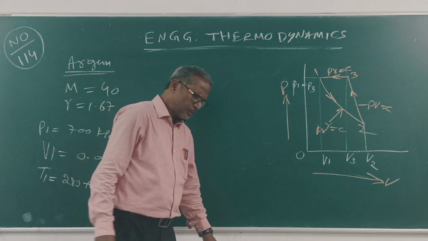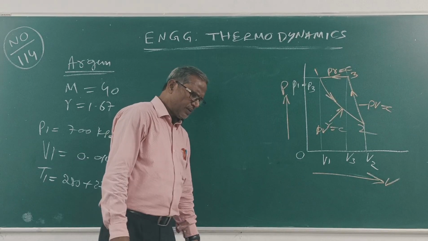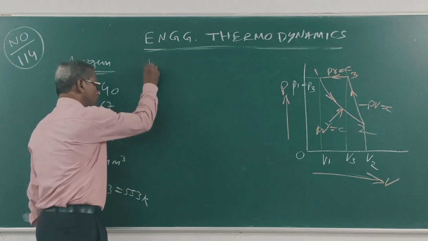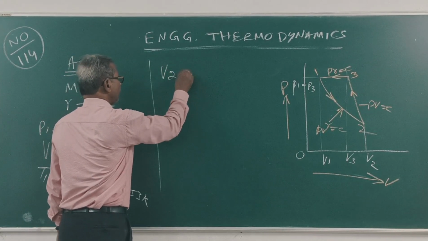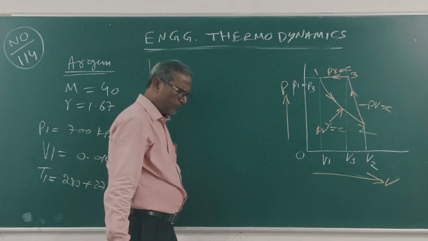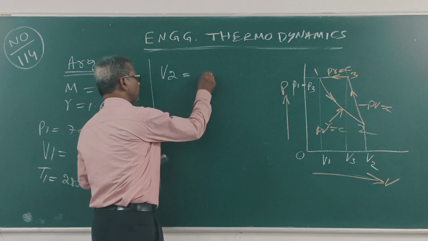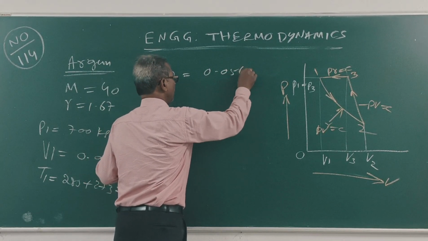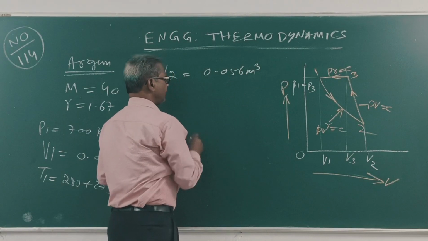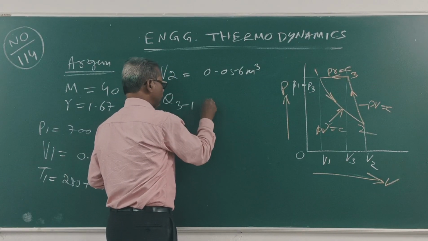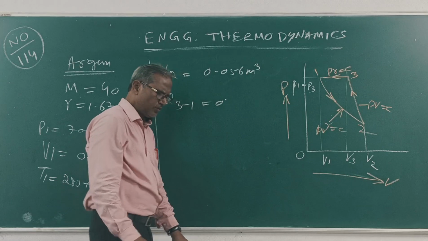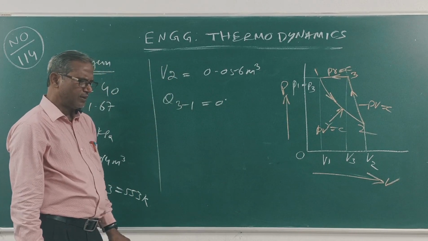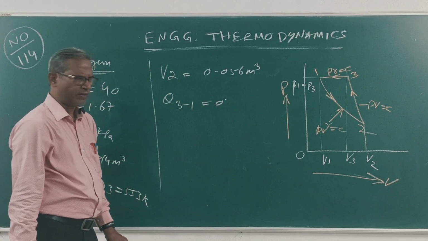Next, V2 is equal to 0.056 meter cube, and Q31 is equal to 0. Clear?